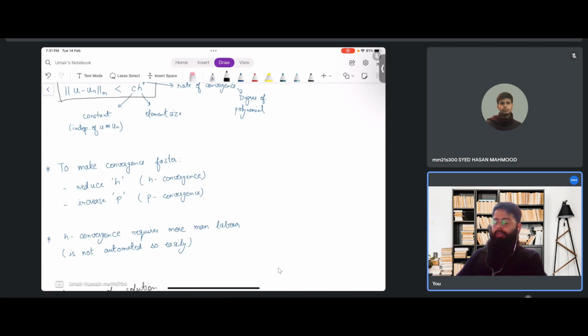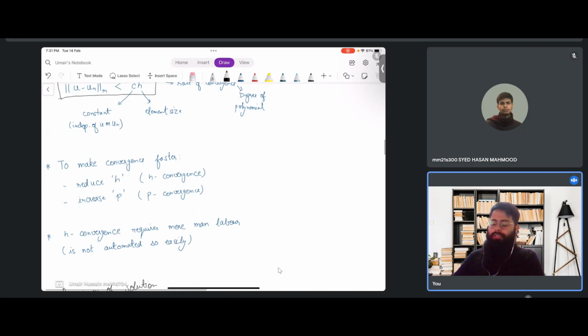However, if we talk in terms of labor, the p convergence is less laborious in terms of man labor. We don't have to do much work. We basically solve the FEM problem using a computer program, and it's not difficult to define higher order polynomial shape functions to the program.